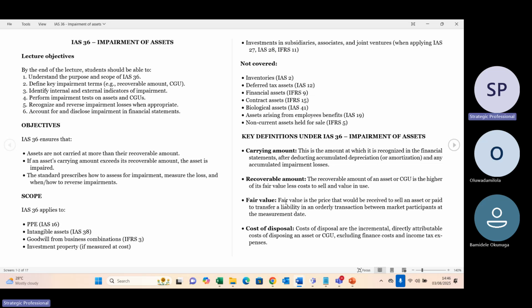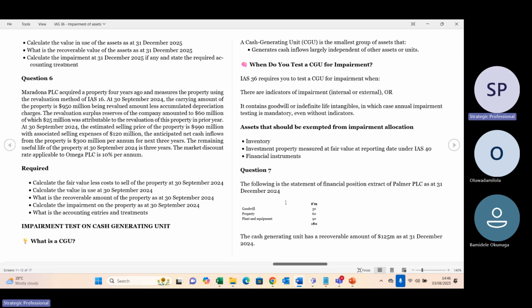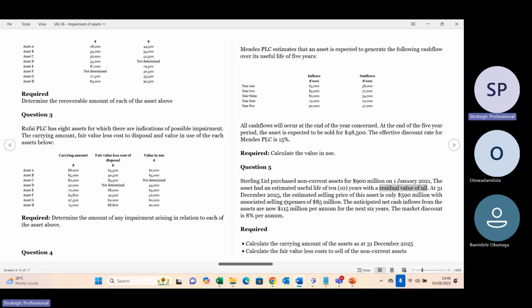So you see all these definitions, the price that will be received to sell. Yes, the definition is correct. This is what IFRS 13 said, but do you understand it? Now, in order to understand it, let me explain. If I have a motor vehicle in my books, for instance, in my account, I called it 4 million naira.